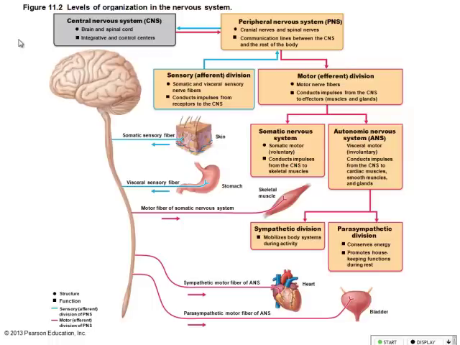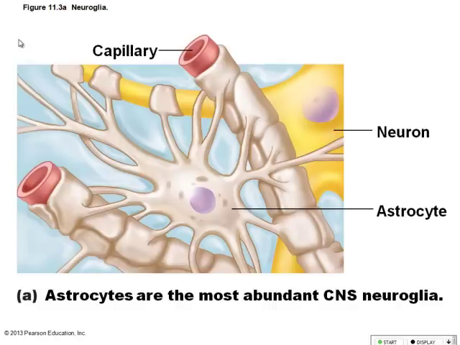The motor division, things going out, is also divided into things that happen conscious, somatic, and things that happen automatic, autonomic. And that division is broken down into things that are sped up and things that are slowed down, sympathetic and parasympathetic. So throughout these chapters, we'll talk about all of these divisions in detail.